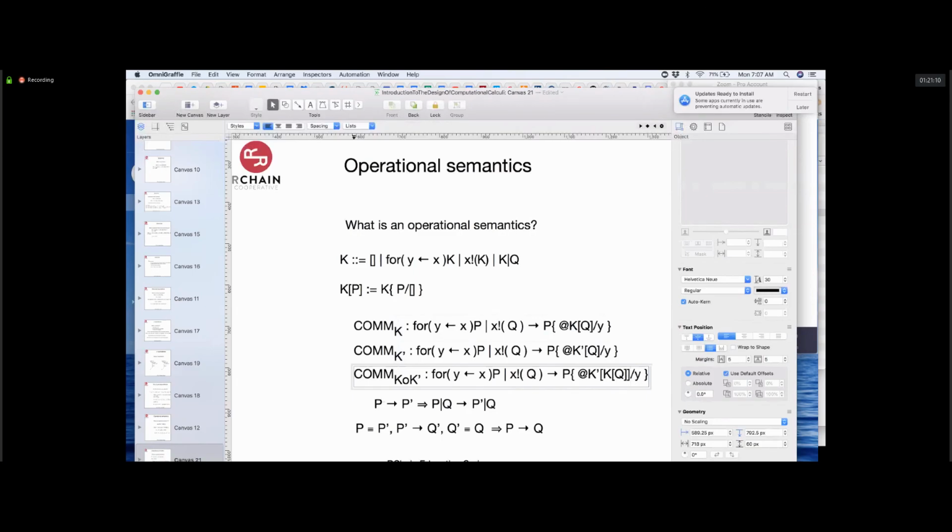Now, computer science does not do that. It says, I've got my structure like processes, and my dynamics are associated with the thing that defines the structure. And that's the operational semantics.